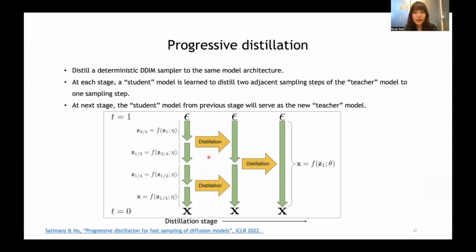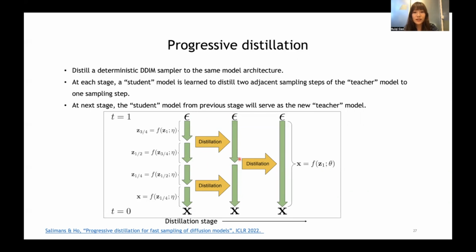And it went into this progressive pipeline in the sense that at each distillation stage, we will have a teacher model, and we will learn a student model. And this student model is learned to distill each 2 adjacent sampling steps of the teacher model to 1 sampling step of the student model.